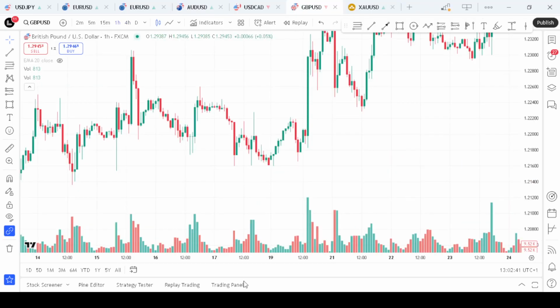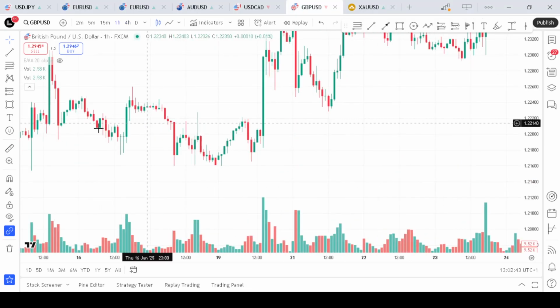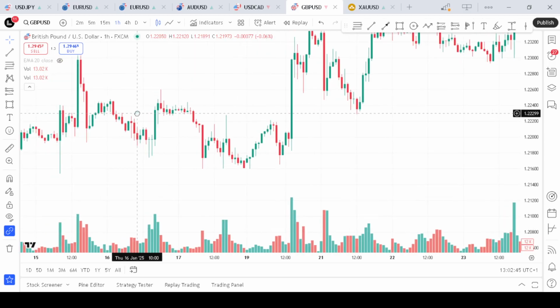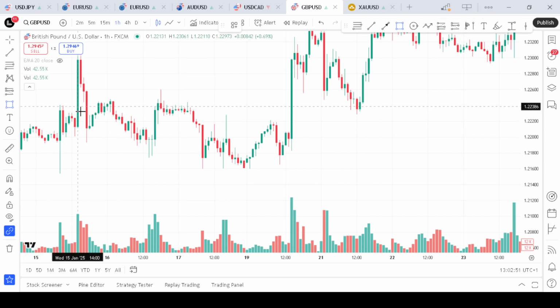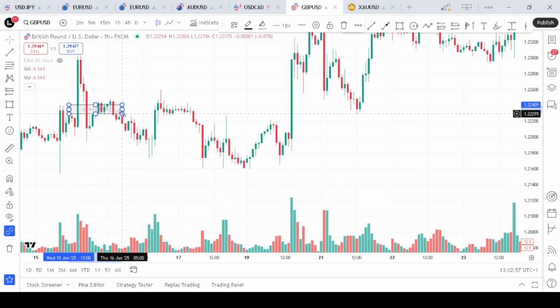Now on a chart, we can identify it by marking the boundaries of both fair value gaps. This is a fair value gap on the left side and this is a fair value gap on the right side. If we mark out both sides, this is the BPR.